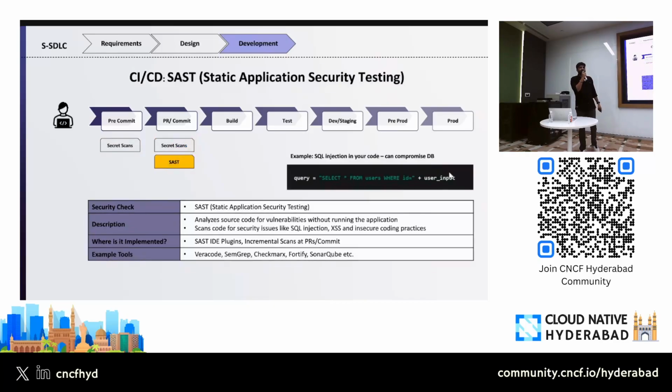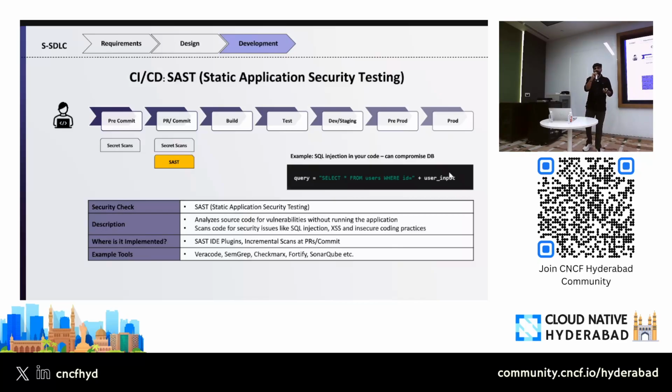Next is the SAST scan. Static application security testing, which you can integrate in your CI pipeline. What does this scan do? It mainly scans the developer's code. When the developer writes code and checks it in, it scans that code and identifies security issues.